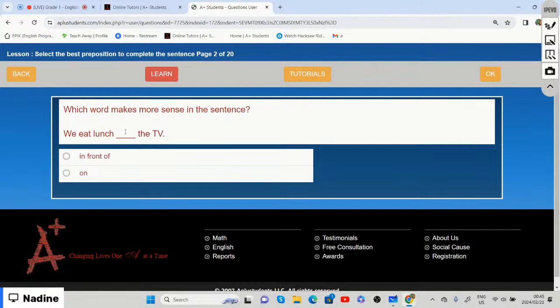All right, do we eat lunch in front of the TV, or do we eat lunch on the TV? Which one is the correct word? Do we sit on the TV and eat lunch, or do we sit in front of the TV and eat lunch?